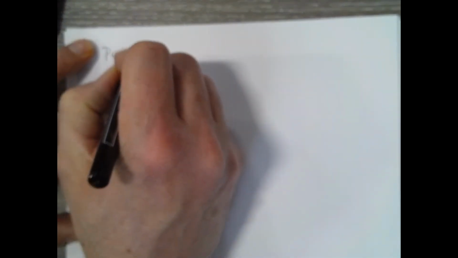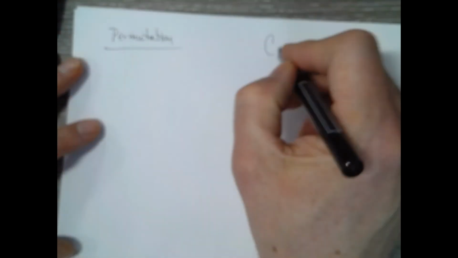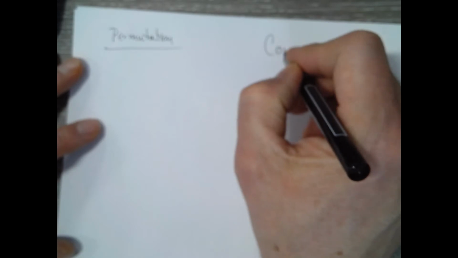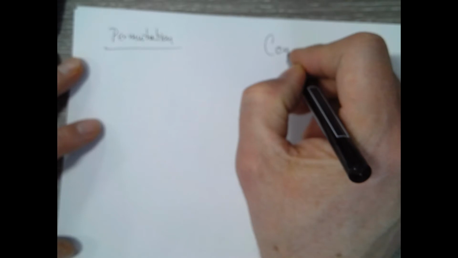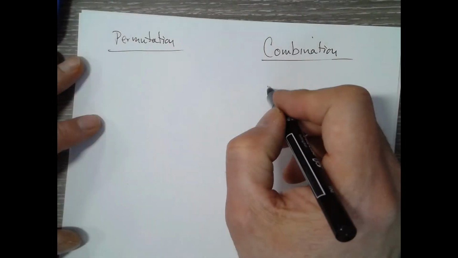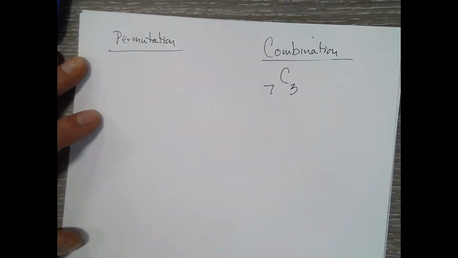Let's talk about permutations versus combinations. So permutation, I'm not even going to give you the definition of it, and we'll go combination. So combination, focus please. Combination would be like 7 choose 3. That is 7 combination 3.